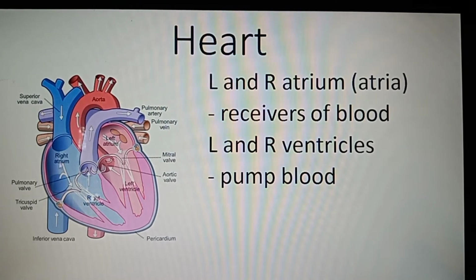Again, the atria here, right and left atria, are receivers of blood. These are known also as the upper chambers, while the right ventricle and the left ventricle are the ones that pump blood. These are part of the lower chambers.